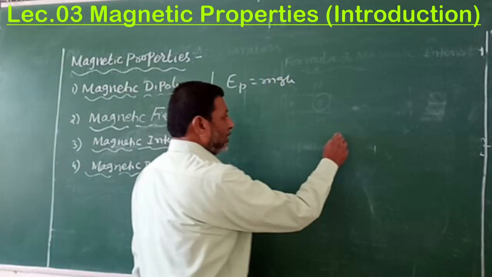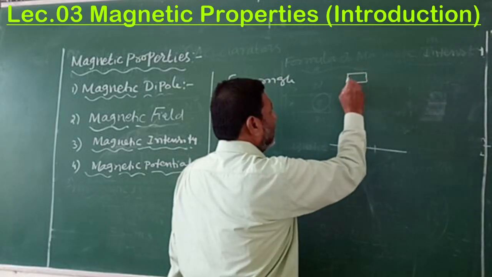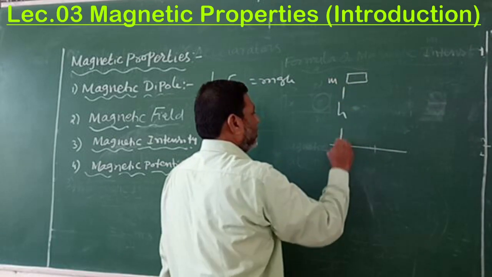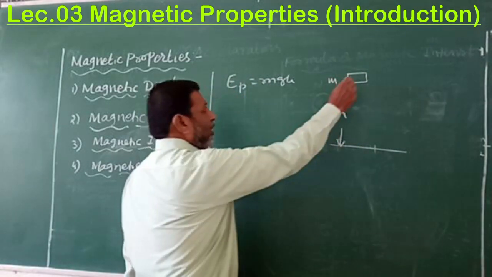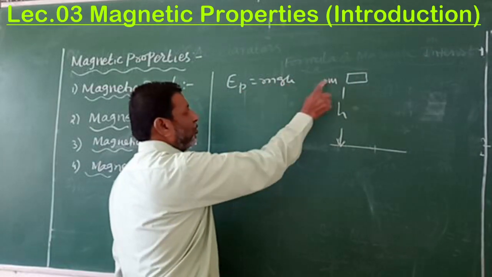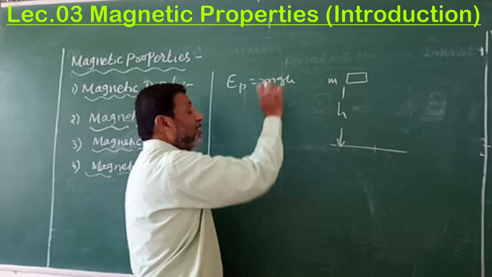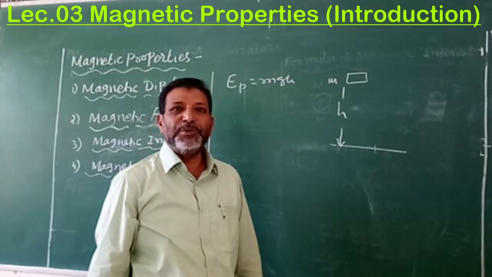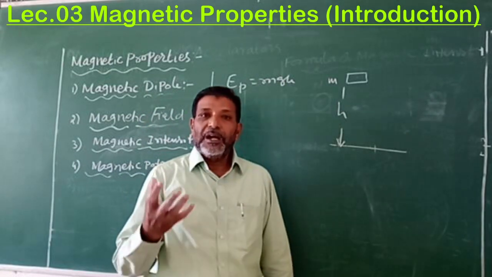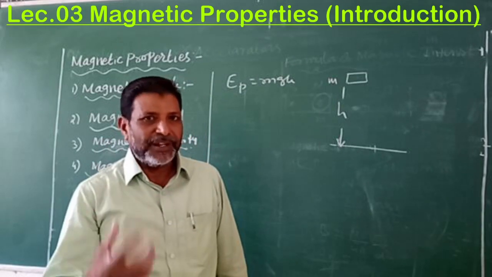Suppose this is the surface of the earth and this is a body of mass m, which is at a height of h from the surface of the earth. Then potential energy EP is equal to mgh: m is the mass of the body, h is the height of the body from the surface of the earth, and g is the acceleration due to gravity. But here you know that the earth has a gravitational field.